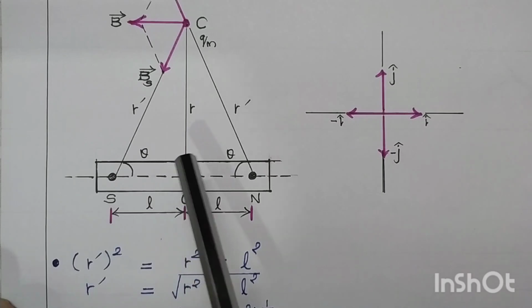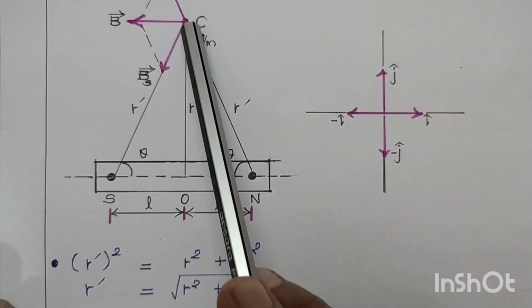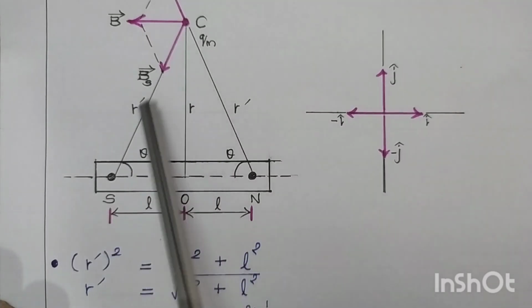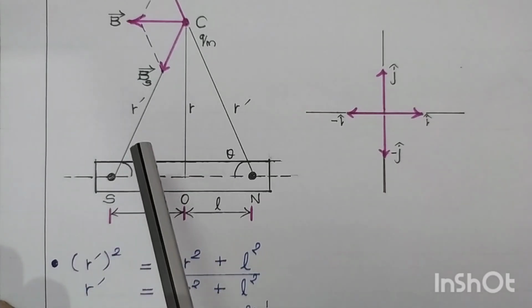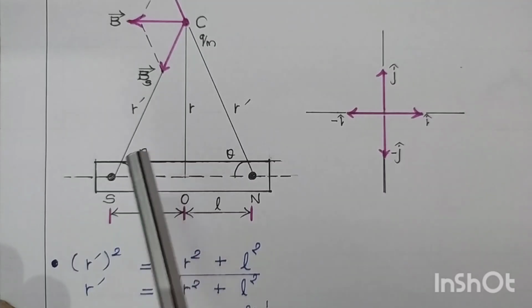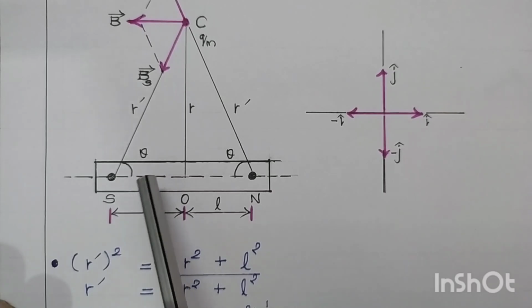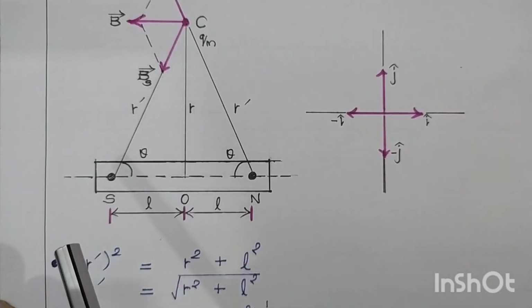Now from the diagram, let us consider this triangle, which is a right angle triangle. For this we are going to apply the Pythagoras theorem. What does the Pythagoras theorem say? The square of the hypotenuse is equal to the sum of the squares of the other two sides.